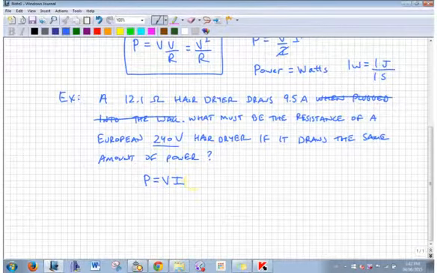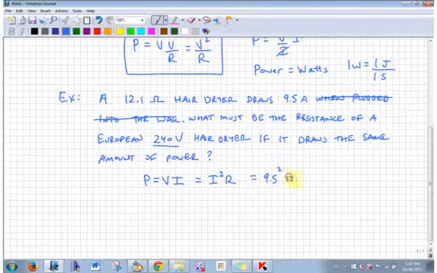Do I want to know the voltage? Well, I don't really need to, but hey, that's the only formula I got. How else can I make this formula? I squared R. I know the current. I know the resistance. Okay, let's use that one.